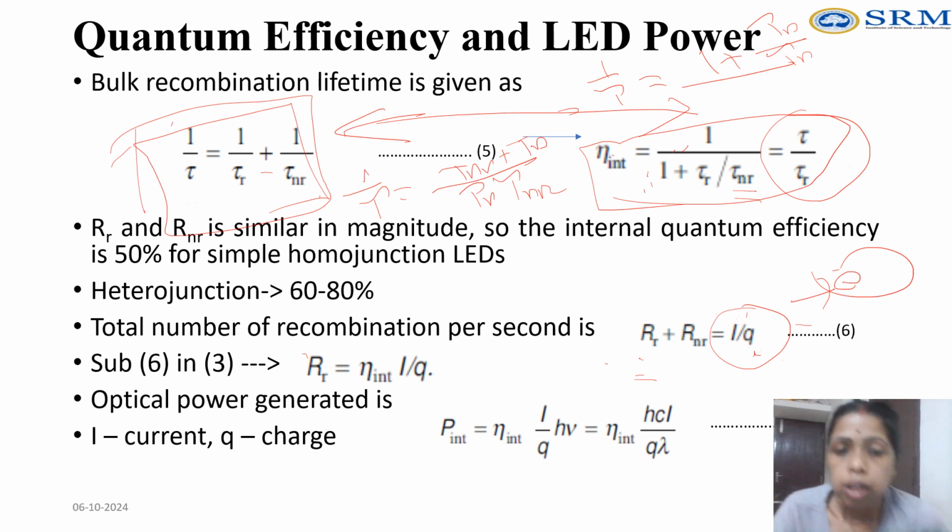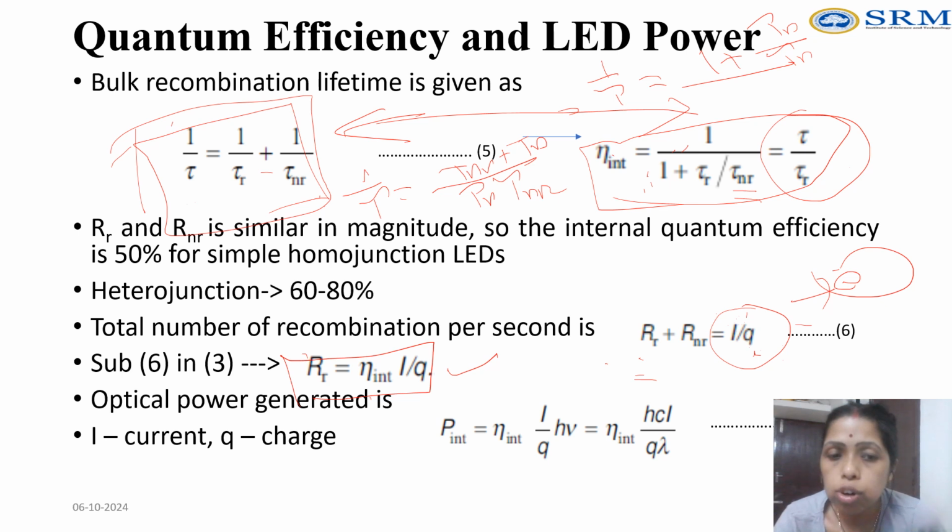Okay, right? So again, if we substitute this equation with the previous one, what I told, there is a relationship between eta internal and R r and R nr. So if you substitute those equations, you will get this one: radiative recombination rate is equal to internal quantum efficiency into I by Q. This is a relationship between quantum efficiency and the radiative recombination.